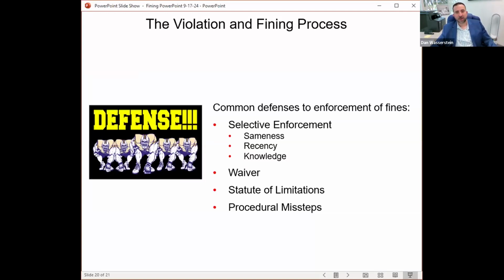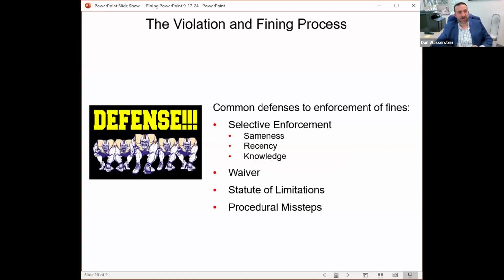We once in a 55 plus community had a woman argue that her 35-year-old child could stay in the unit by himself because 21 years before she knew that the board let another 30-something-year-old live in the unit by themselves. And again, a 55 plus community. So in that example, we explained to that woman, you can't reference an instance from 20 years ago as selective enforcement now, 20 years later.